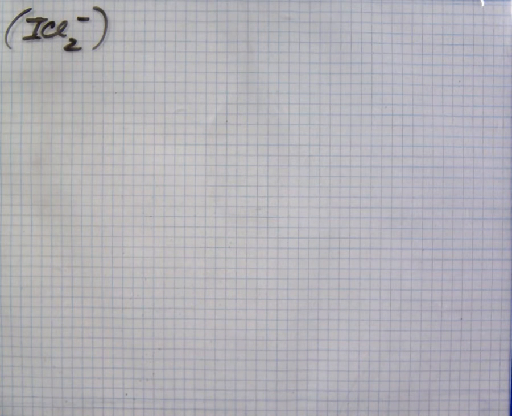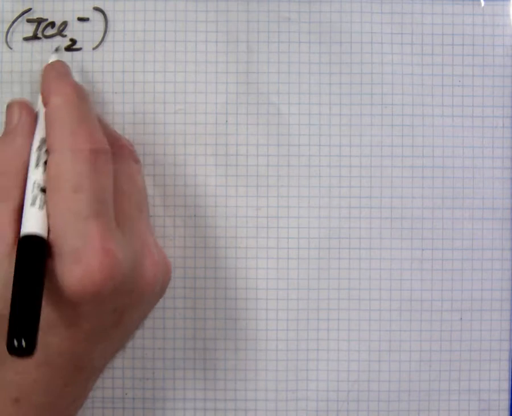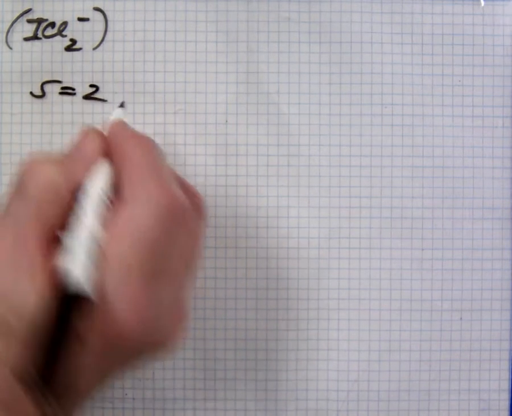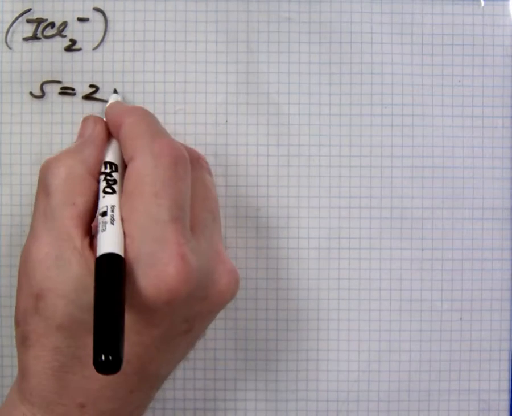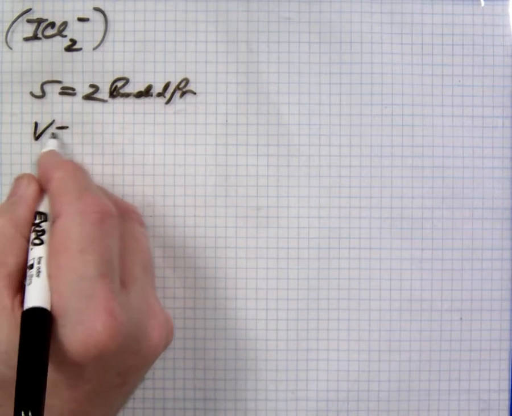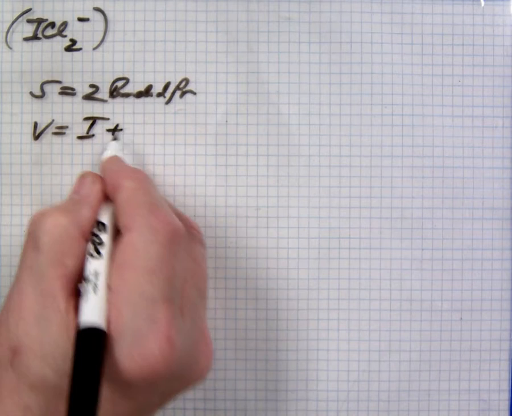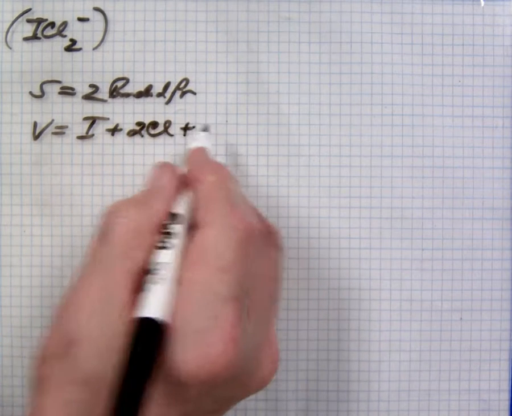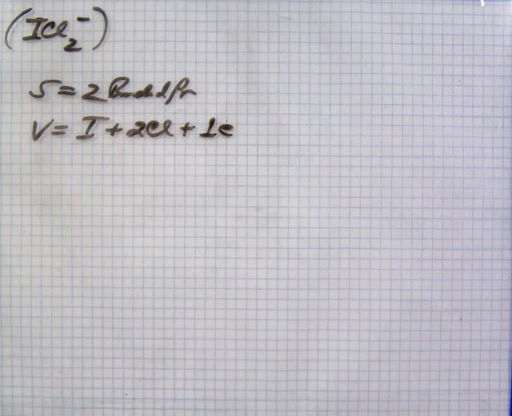We add 1 electron. So in this you have your substrate, you have 2 bonded pairs. Your valence number is an iodine plus 2 chlorides plus 1 electron. And that extra electron is for the negative charge.